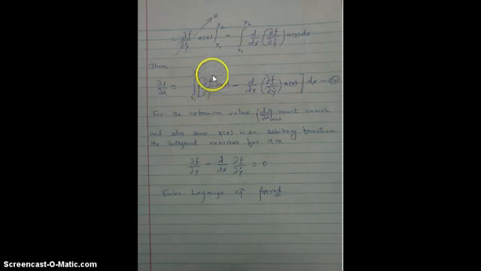So I could say that when eta of x is factored out, the inside expression would be equal to 0. That is what I have written over here. So finally the expression would be the partial derivative of f with respect to y minus d by dx of the partial derivative of f with respect to y dot equals 0, and that is also our Euler-Lagrange equation, and it's proved. That's it. Alright.